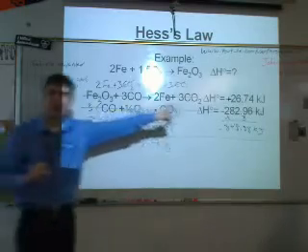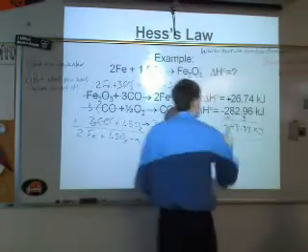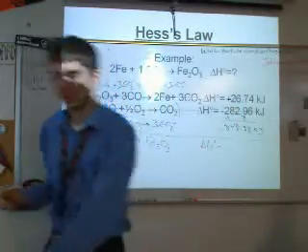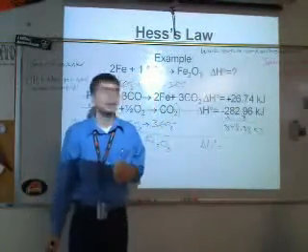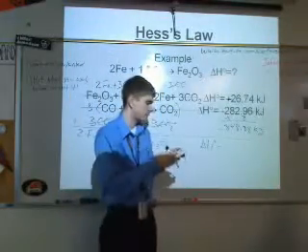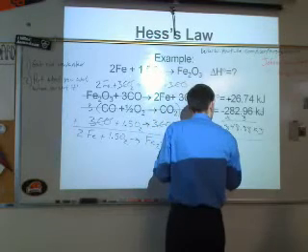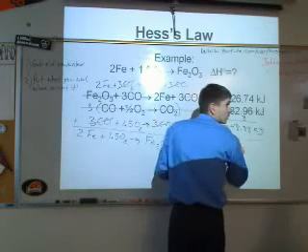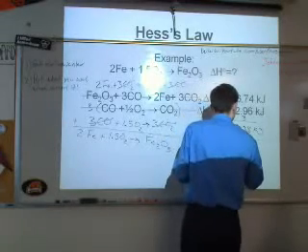And then to find the answer, you just add those together. So basically negative 848.88 plus 26.7. Negative 800. 23? 22?